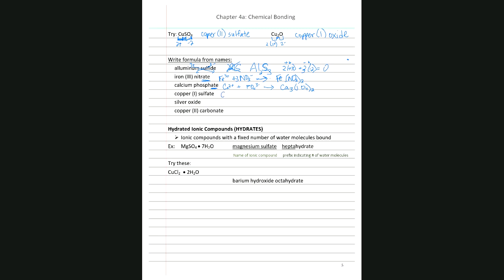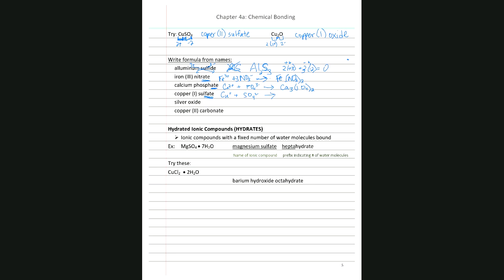Copper(I) sulfate. Copper, Cu, and the I tells us it has a 1+ charge. Sulfate, "ate" tells us it's a polyatomic ion. I look it up on the polyatomic ion table, and I see it has a charge of 2-.